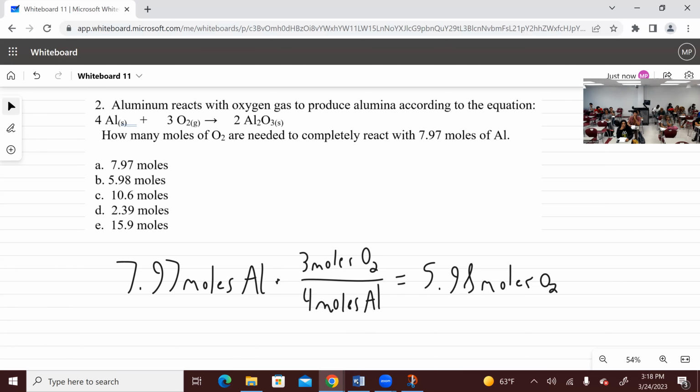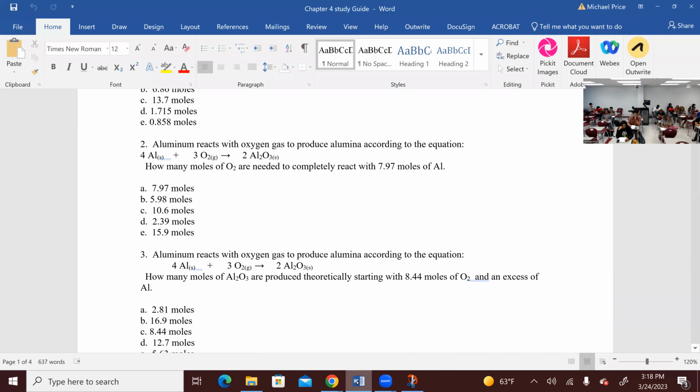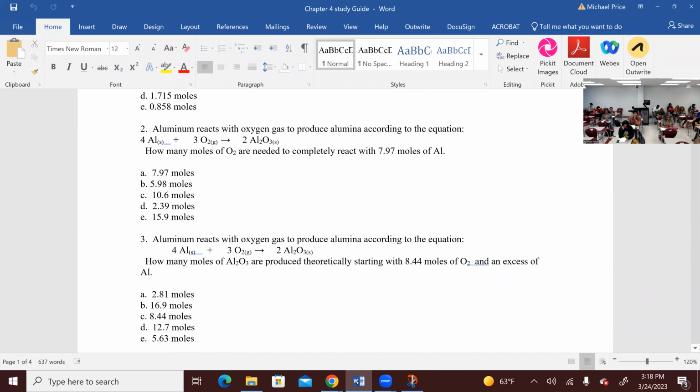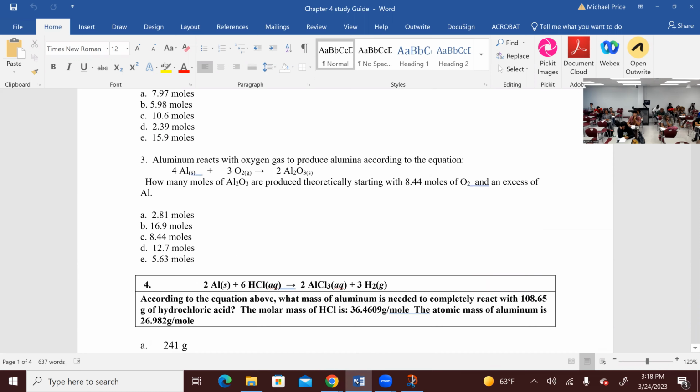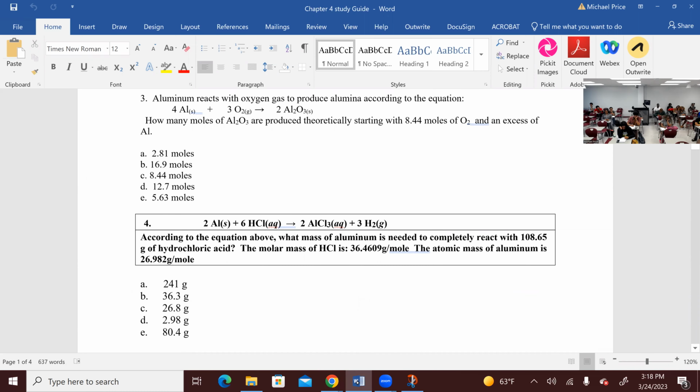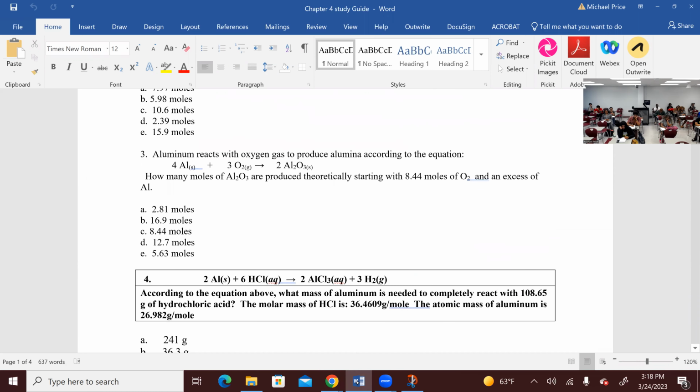Okay, so let's go ahead and let's see. What number was that? 2. Okay, so number 3. Aluminum reacts with oxygen gas to produce alumina. So deja vu, right? According to the equation, 4 aluminums plus 3 oxygens yields 2 alumina. How many moles of alumina are produced theoretically, starting with 8.44 moles of oxygen and an excess of aluminum?